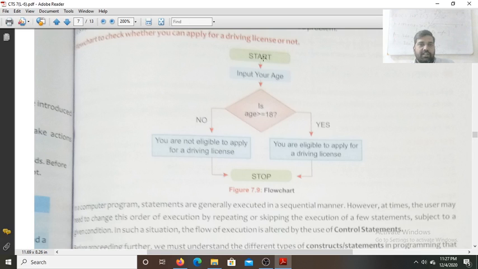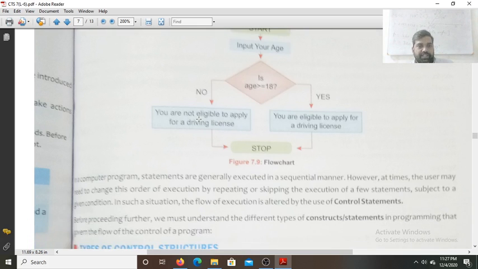We click on start, input your age, and your age will be checked and compared. Is age greater than or equal to 18? If this condition is true, yes, then you are eligible to apply for a driving license, and after that the program will stop. If it is false, no, then you are not eligible to apply for a driving license, you cannot apply for that. So that is the flow chart here.